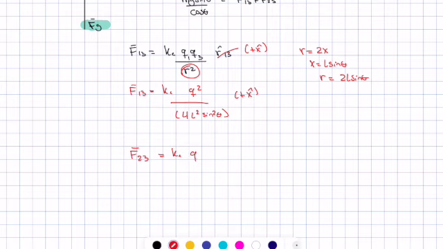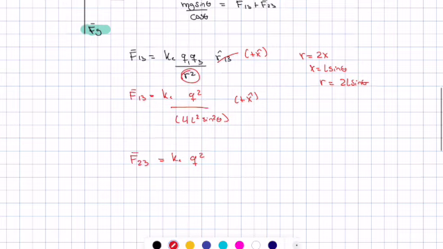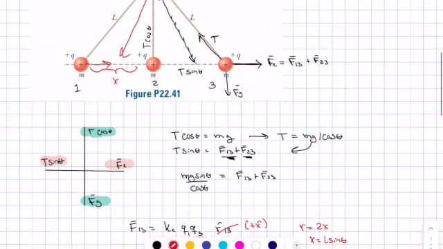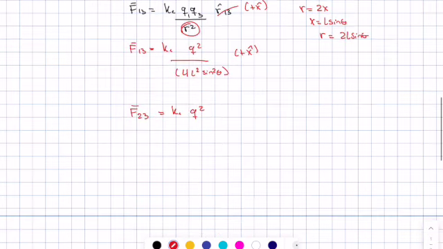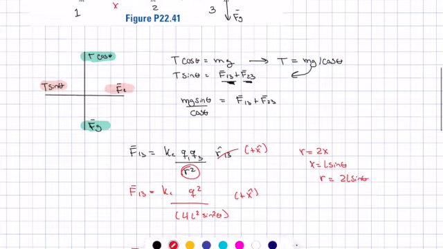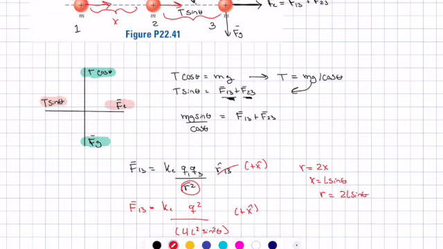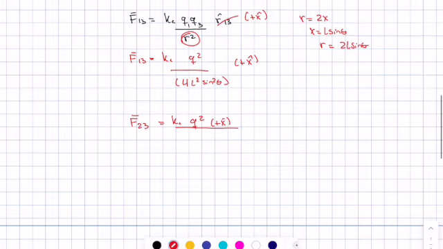Same thing, so the charges are the same, so that's going to be q squared, and we look here, r hat 2, 3 is also pointing in the plus x direction. And then the distance between them is just going to be x, right? So it's distance here to here, which we know to be L sine theta. We square that and we get L squared sine squared theta.